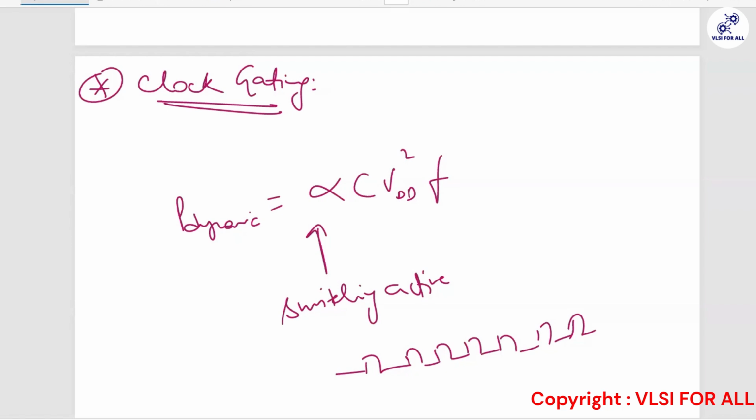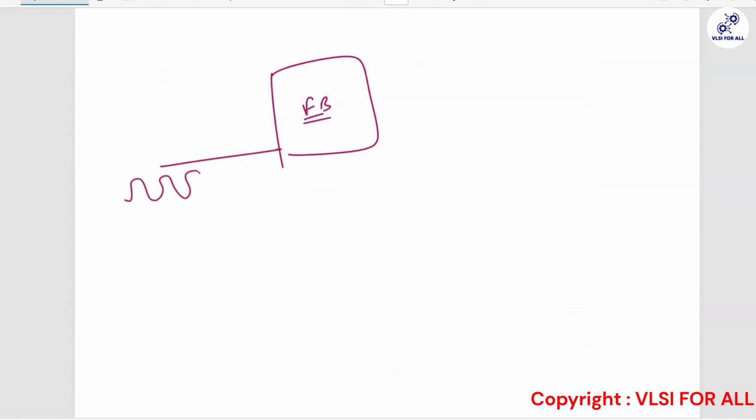Okay, let me tell you one thing. Let's say there is a functional block, and the clock is going here. Now my data in is here, and data out is here. Let's say for the first cycle, the data changed.